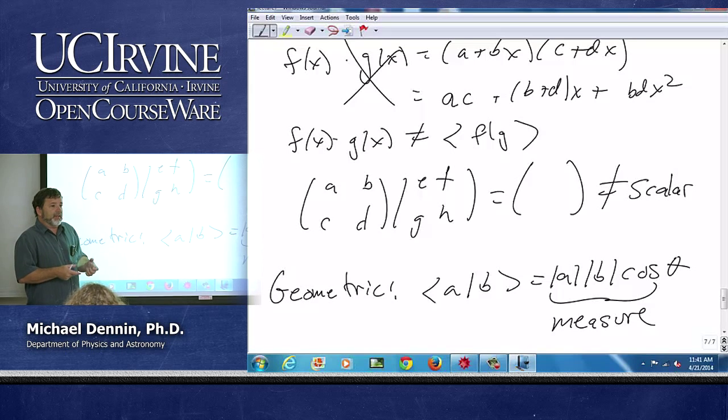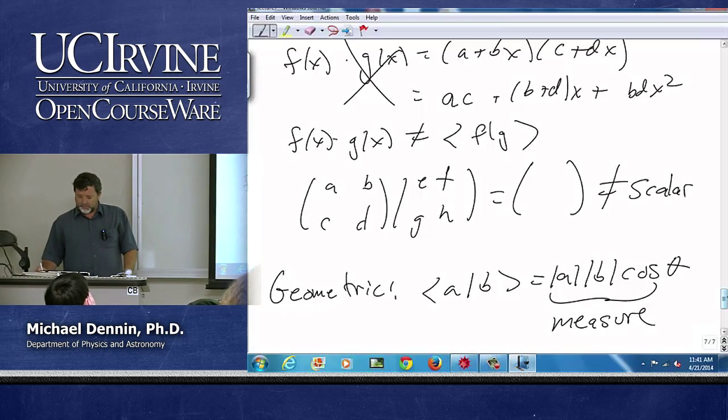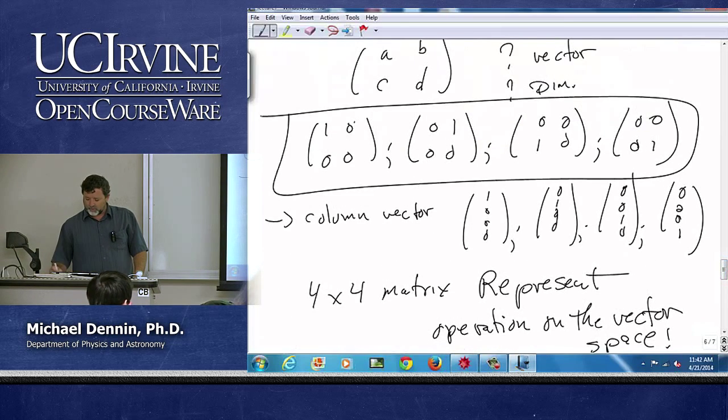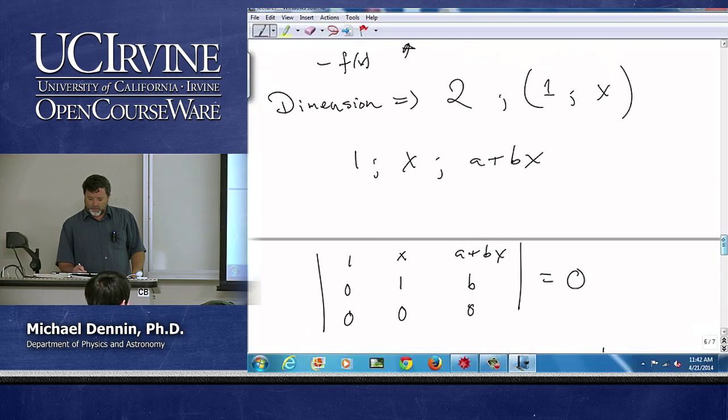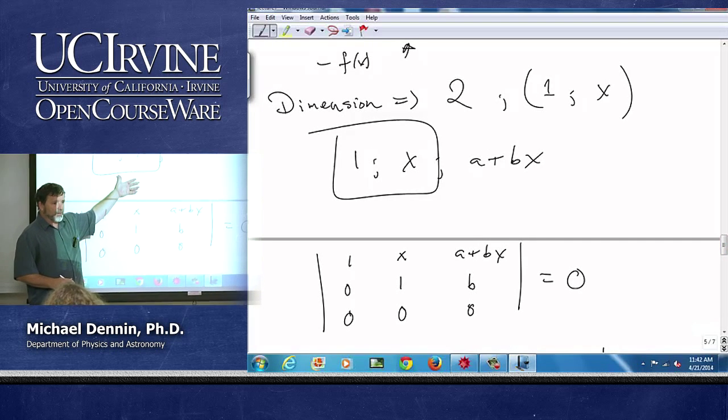So what we might take is that the natural basis we declare to be of unit length and orthogonal. So we would declare these matrices to be unit length and orthogonal and write them this way, and that defines the dot product. We would declare 1 and x to be of unit length and orthogonal, and that would define the dot product.